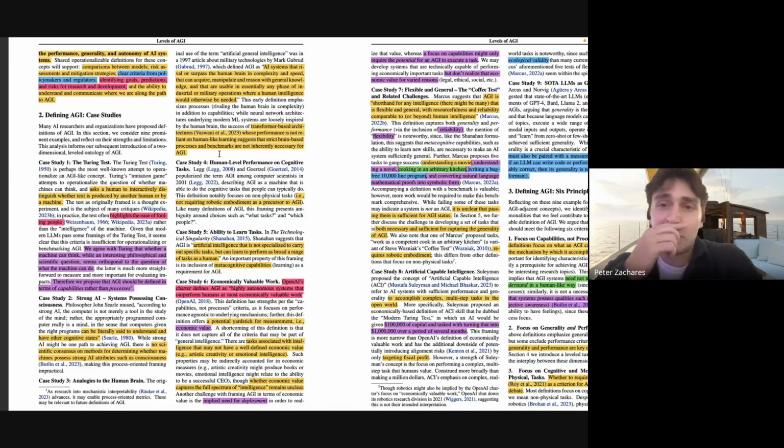So this is an example where attributing human performance to intelligence just doesn't really seem like the right way to go. Yeah.